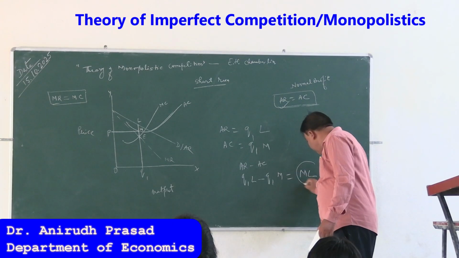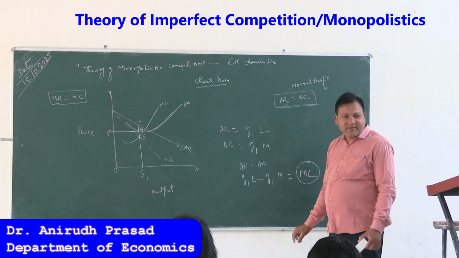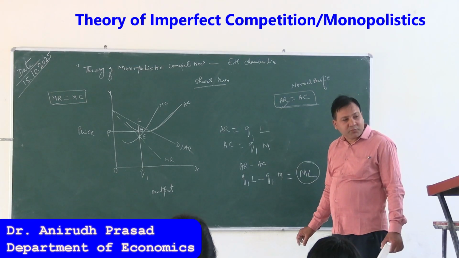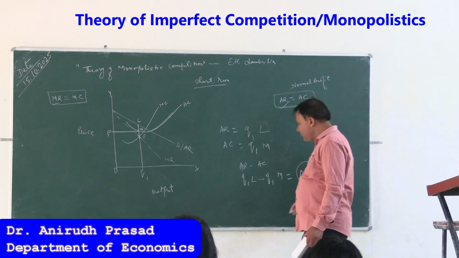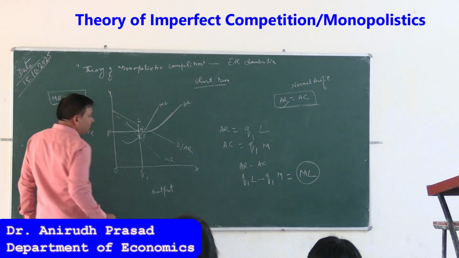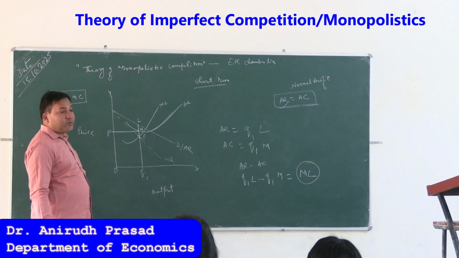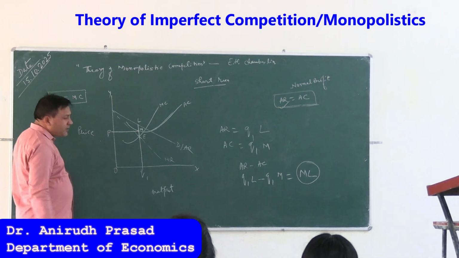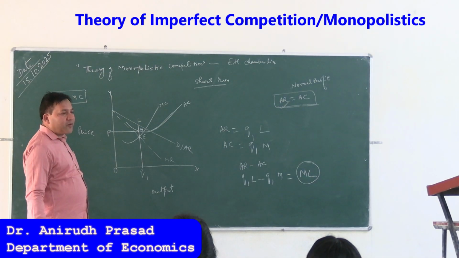This is the per unit supernormal profit, per unit supernormal average profit. Now we need to find out the total profit.